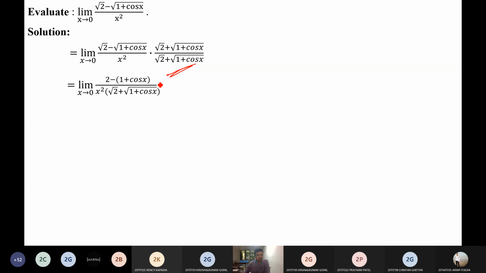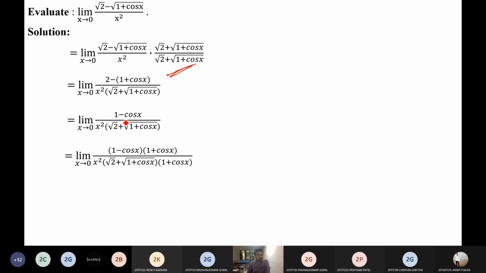Then what do we do next? We can subtract 2 minus 1. So in the numerator we have 1 minus cos x, divided by x squared into (root 2 plus square root of 1 plus cos x). Is there any doubt up to here? No, sir. Then we multiply and divide by 1 plus cos x.